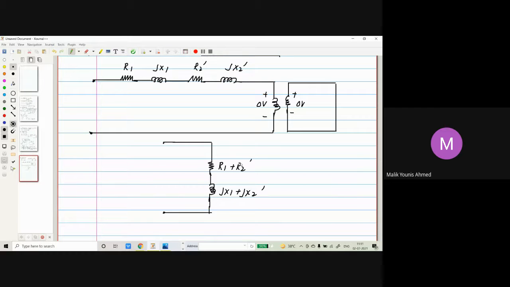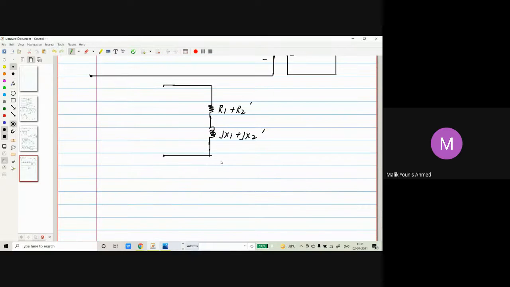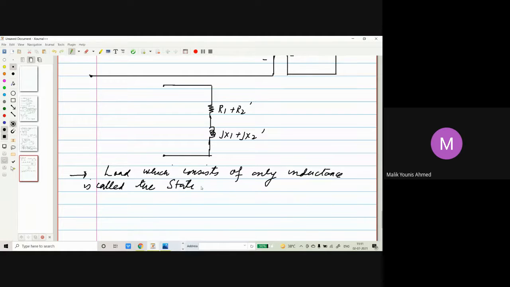So I have told you that a load which consists of only impedance is termed as a static load. So induction motor is a static load. Load which consists of only impedance is called the static load. So this is very clearly static load.